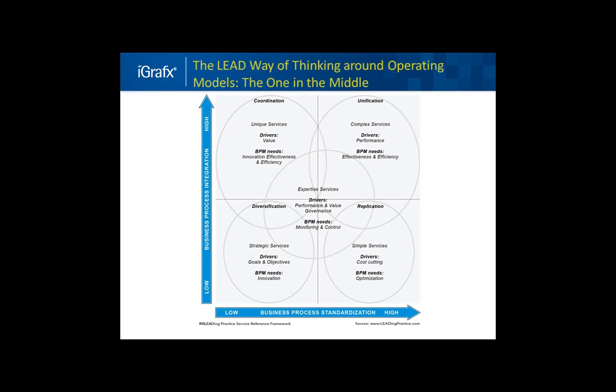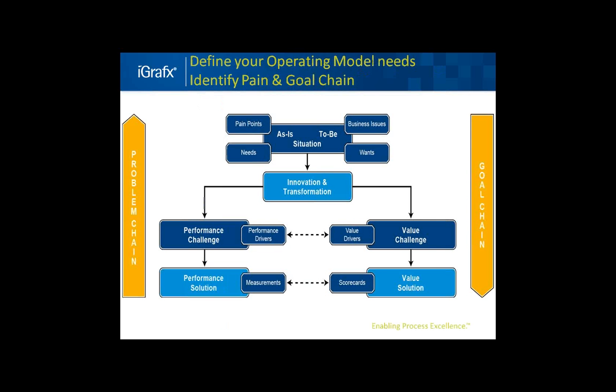So, how is this executed in the operations of an organization? You would have to identify within here there's 2 aspects here, the goal chain and what we call the problem chain. So what are your main goals and what are your main problems?